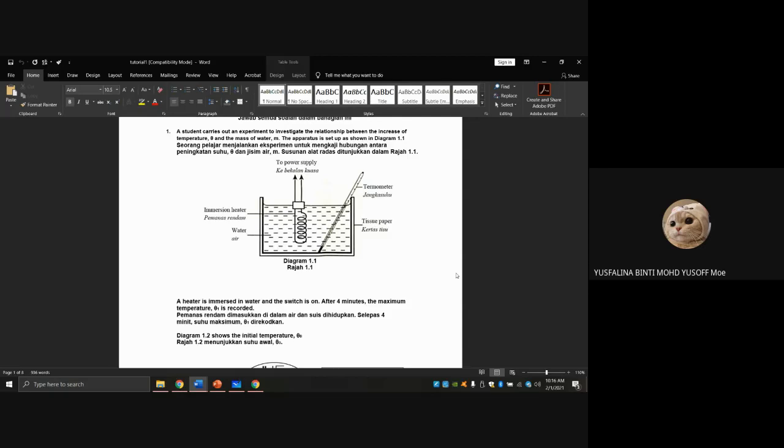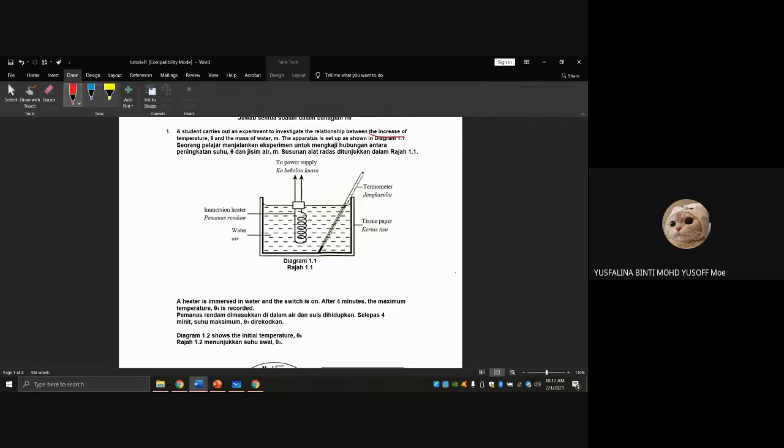I want you to underline the relationship between the increase of temperature theta and the mass of water m. Underline that sentence first, because in that sentence they will give you the manipulated variable and also the responding variable.